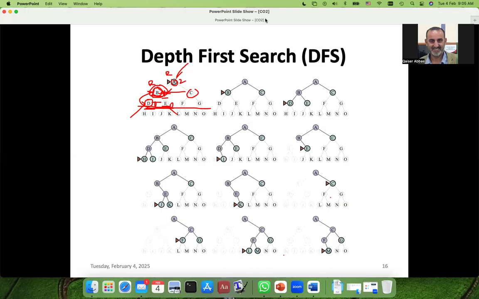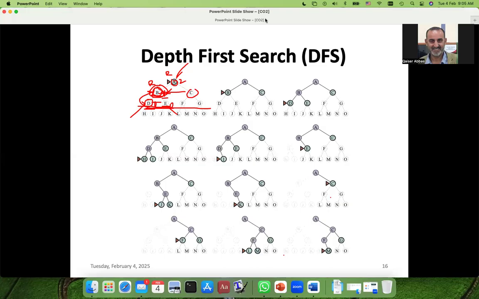We are calling DLS first with the limit 2. And then we are calling recursive DLS, second line, with the initial node A and the limit, which is 2, the same.